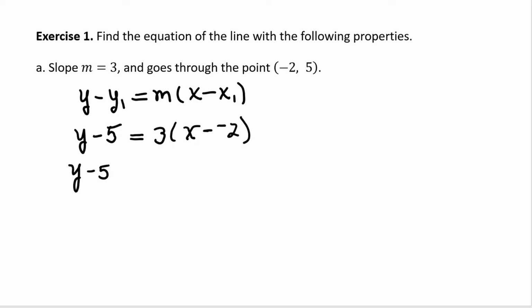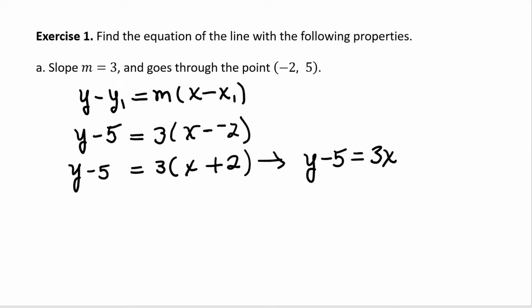Y minus 5 equals 3 times the quantity x, and minus negative becomes a positive, so plus 2. Continuing, let's distribute the 3. Y minus 5 equals 3 times x is just 3x. 3 times 2 gives us plus 6.